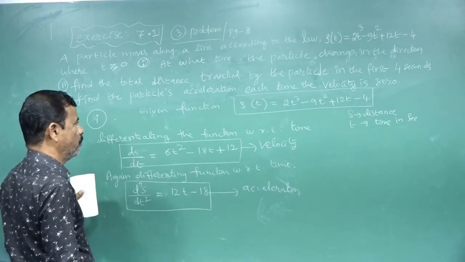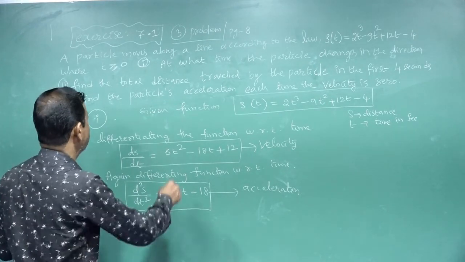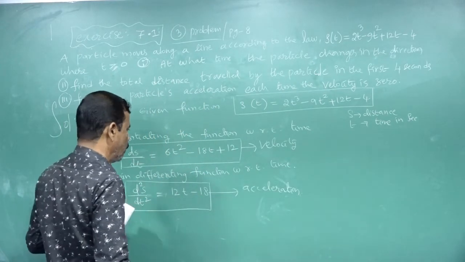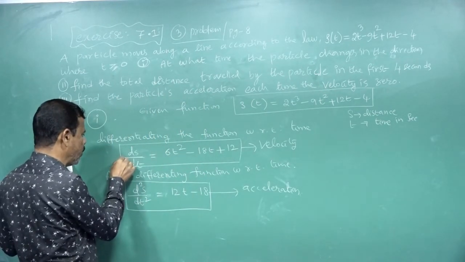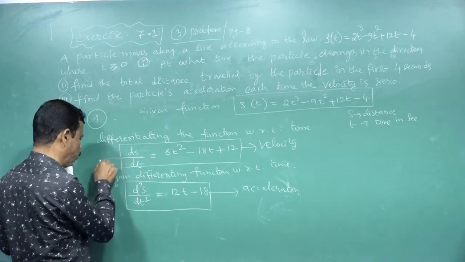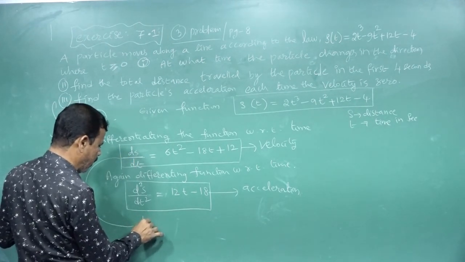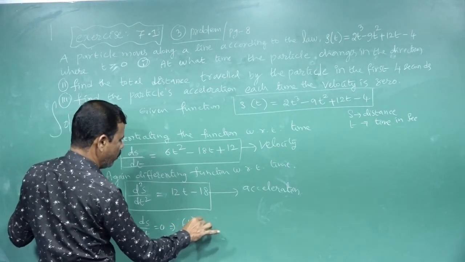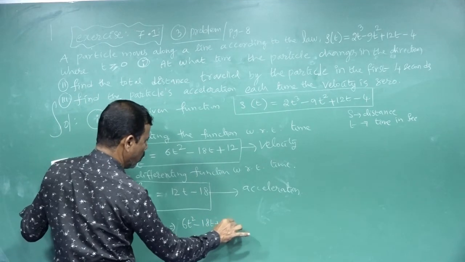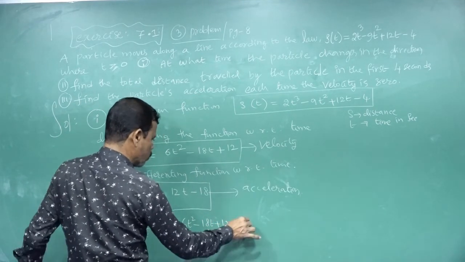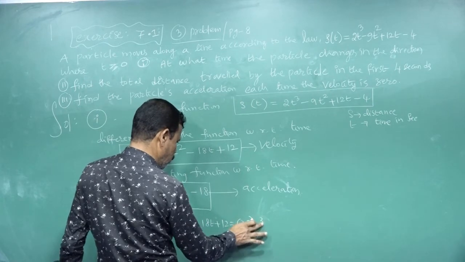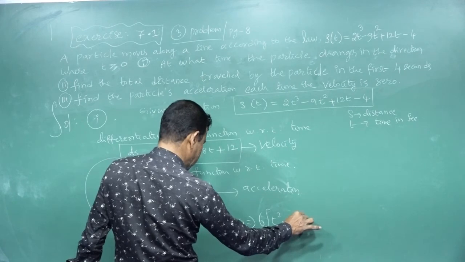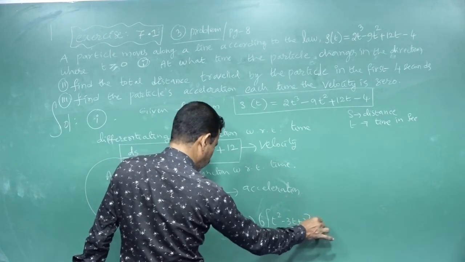Next, at what time does the particle change direction? For that we set the derivative equal to 0. ds by dt is equal to 0. Then 6t square minus 18t plus 12 is equal to 0. Here 6 is common: t square minus 3t plus 2 is equal to 0.